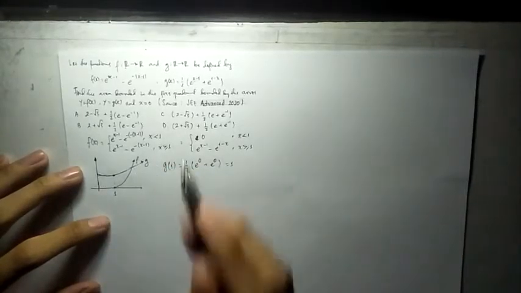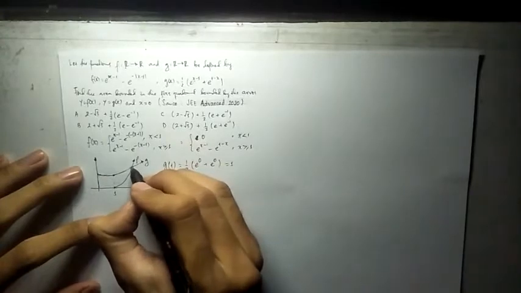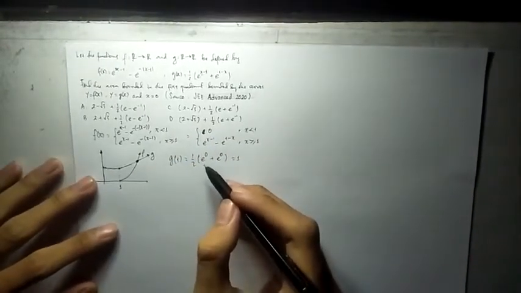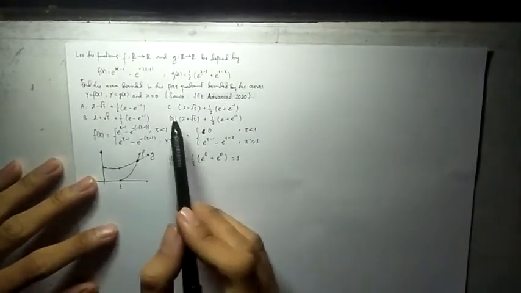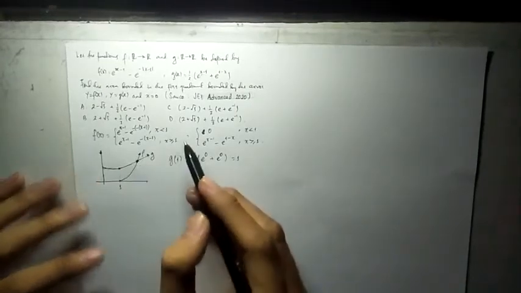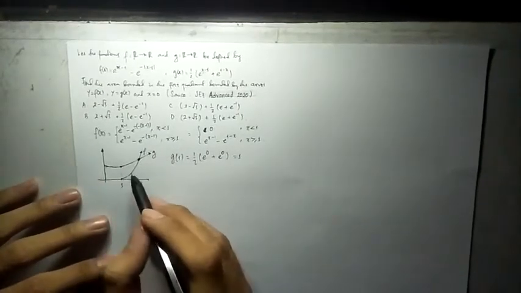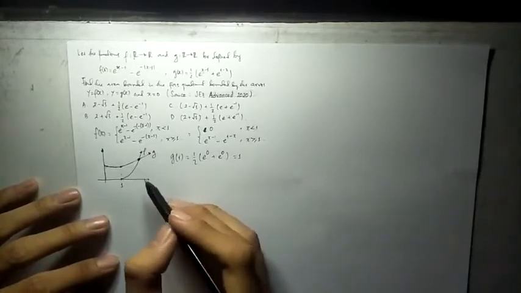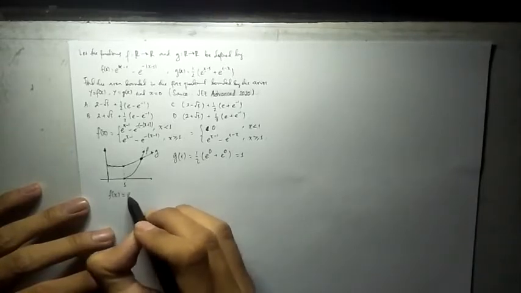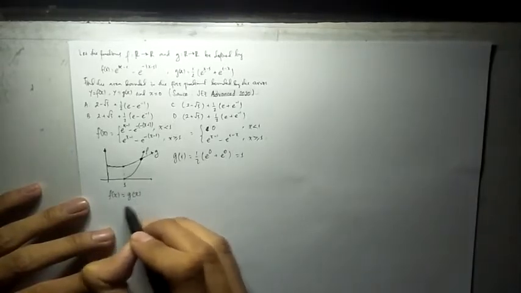Now like any question like this, you will find the intersection of the two functions. So let's find the intersection of f and g. How to find that is really easy: f of x equals g of x.